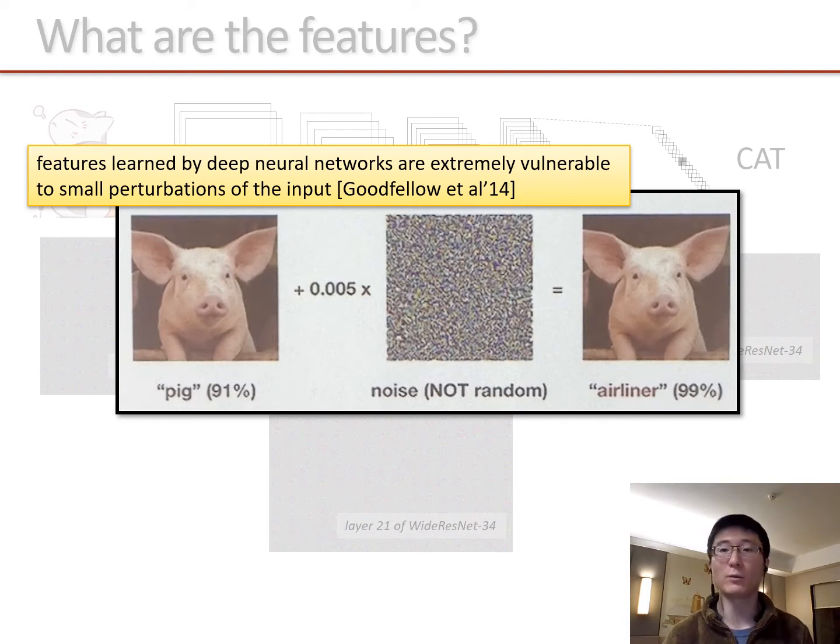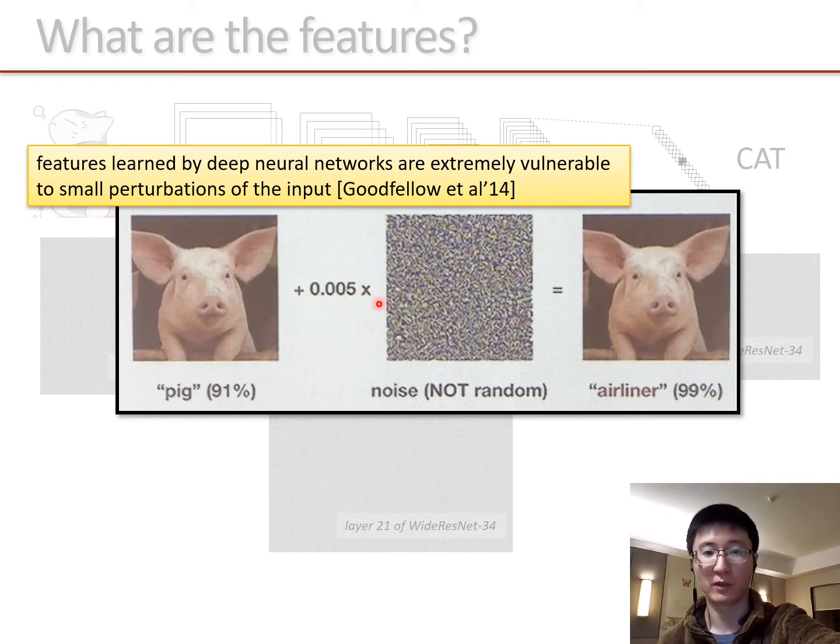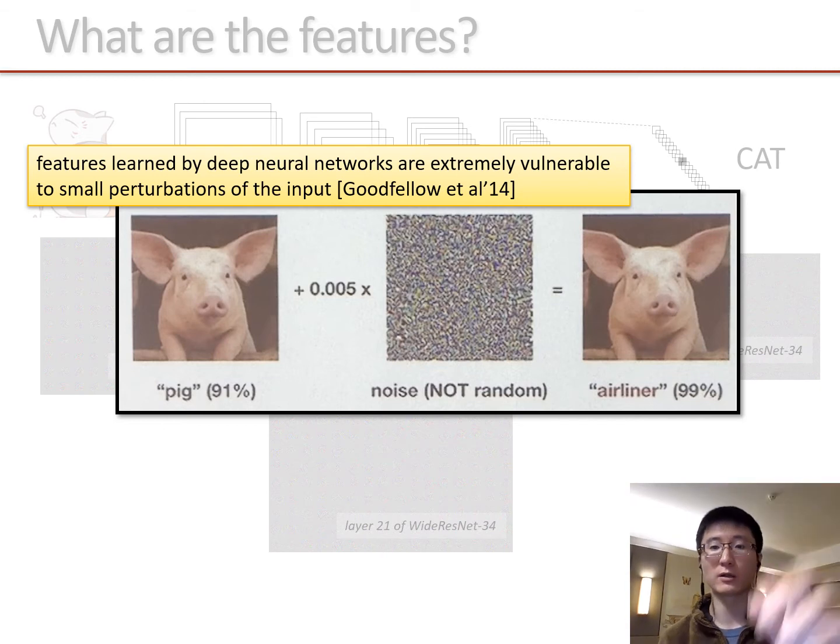Then I claim that for almost any such classifier, for almost any image both in the training and the testing set, even though the classifier is so certain that this is a pig, there always exist some perturbed directions that you can construct, which only change each pixel by, for instance, 0.5%. And then the resulting image can completely fool the classifier to make it just say anything.